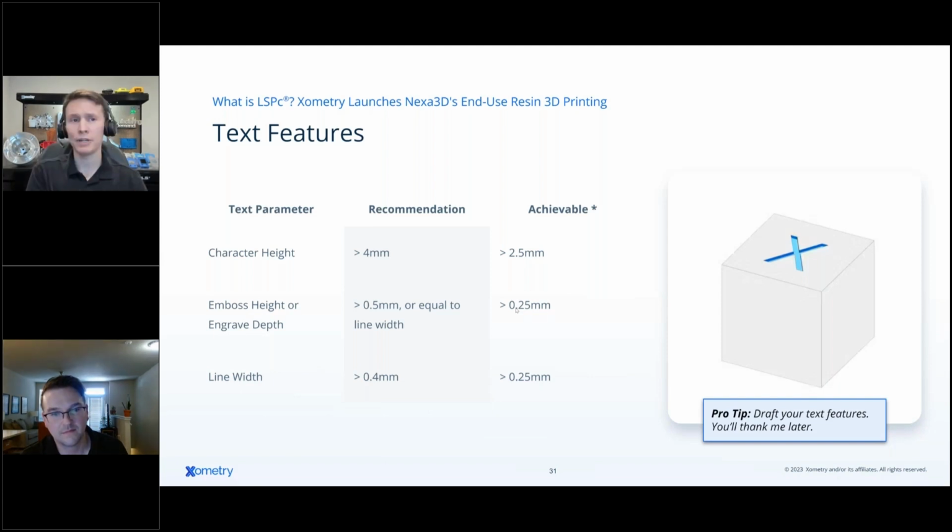And my last tip here is draft. So if you are making any text, and I commonly do this whenever I'm building text into my designs, is adding like a 3, 4, 5 degree draft, whatever kind of looks good in CAD. It allows you to have crisper features superficially, but what that draft's doing is also creating a wider root, a wider base into that part, and it actually helps mitigate some of those unsupported overhang requirements because you have that angle that's giving you a little extra boost.